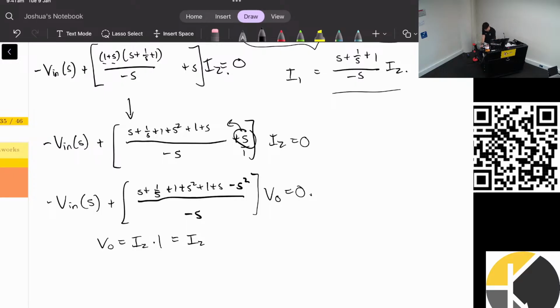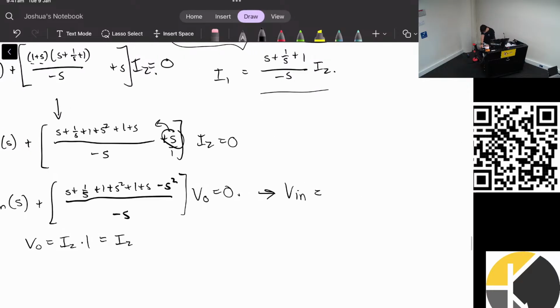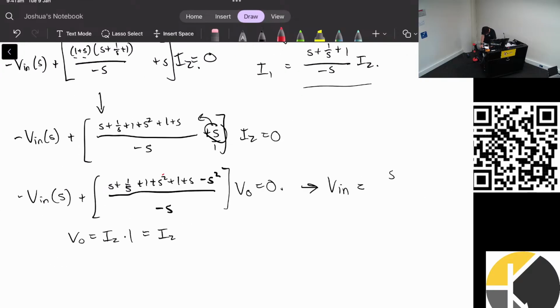So the last thing I can do is I'll rearrange this equation. If I bring V into the other side, and then I'll write it out. So Vn equals, what can I cancel out here? I can cancel out these s squareds. And then I'll group together the s's.